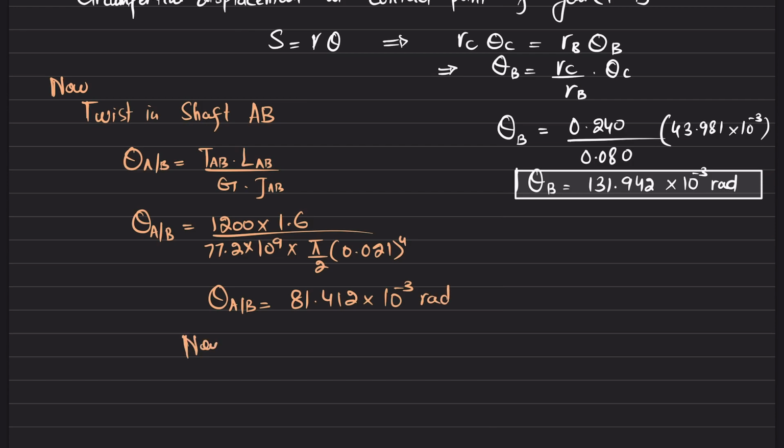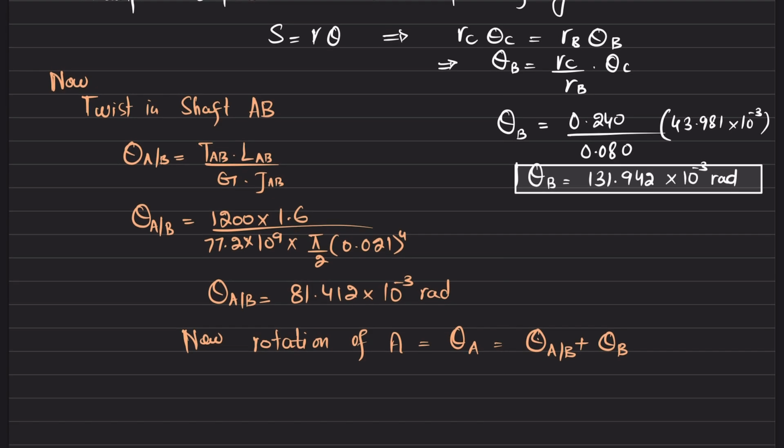Now rotation of A. Rotation of point A will be equal to theta A, and it will be equal to angle of twist of point A with respect to B plus angle of twist of point B. So put the value theta AB is 81.412 into 10 raised to power minus 3, and theta B is 131.942 into 10 raised to power minus 3.